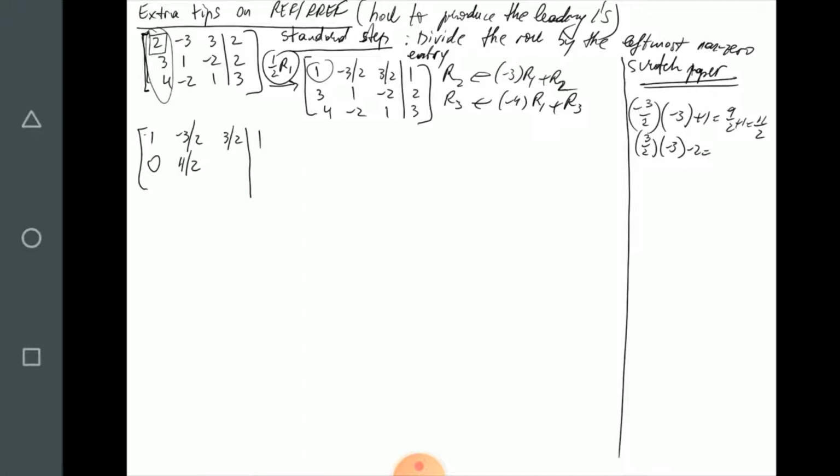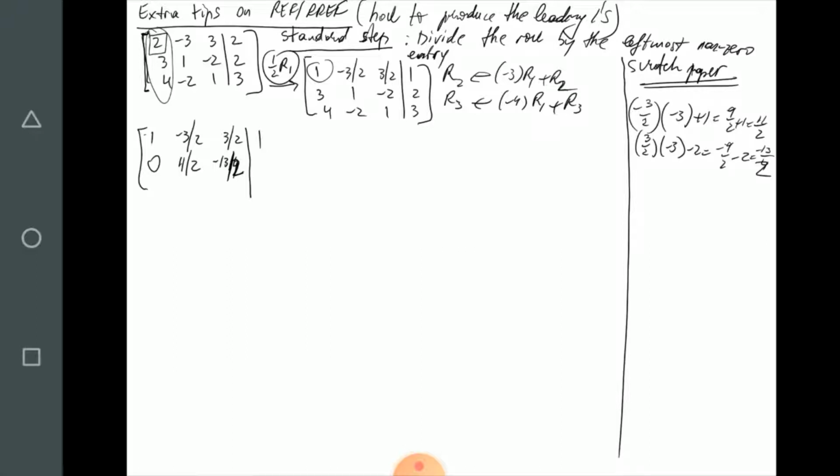That's minus 9 over 2 minus 2, which is minus 13 over 2.